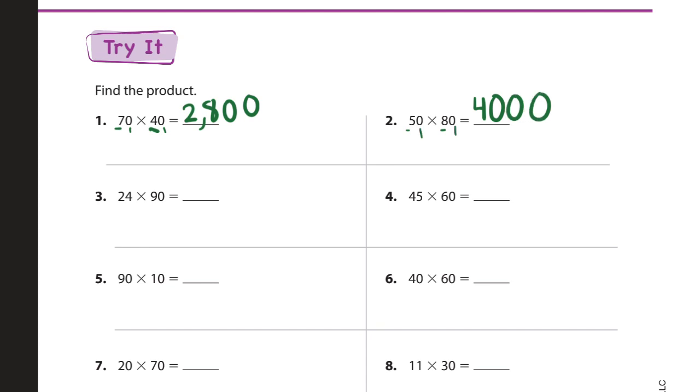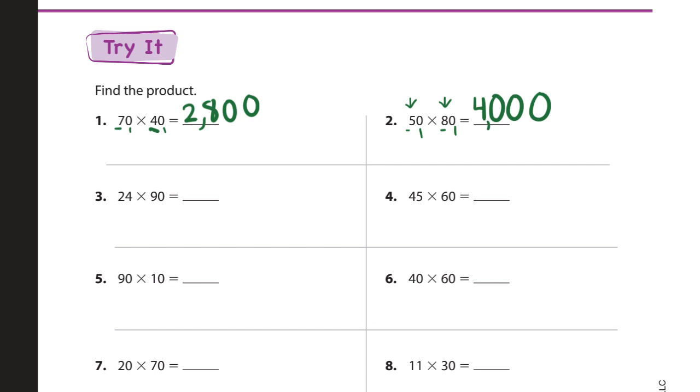So don't make the mistake of thinking my answer only has 2 zeros, because you have to see what happens when you multiply the first two digits. So my answer is 4,000. Let's go to number 5 and number 6, number 7, and number 8 before we do number 3 and 4.